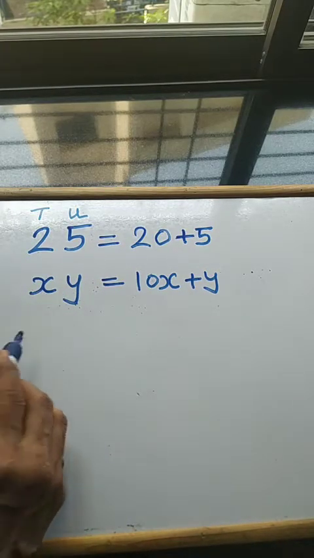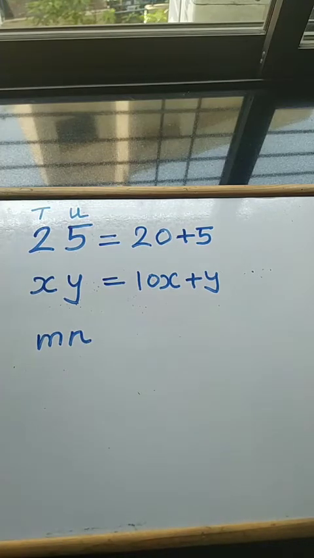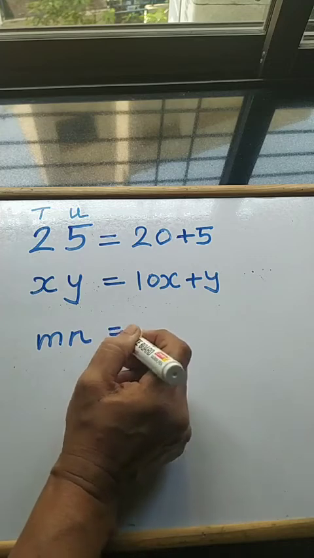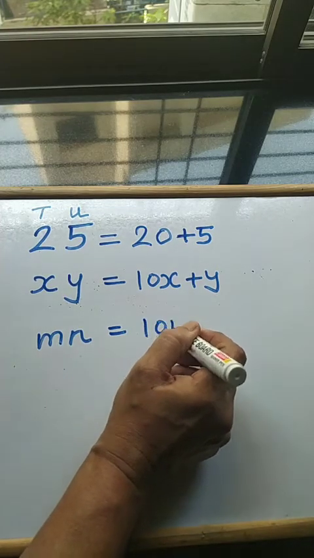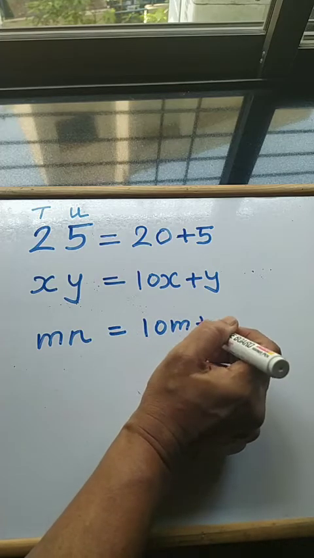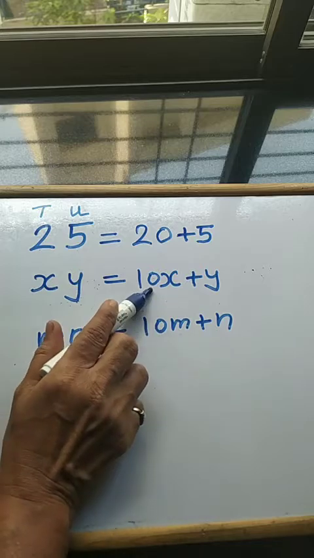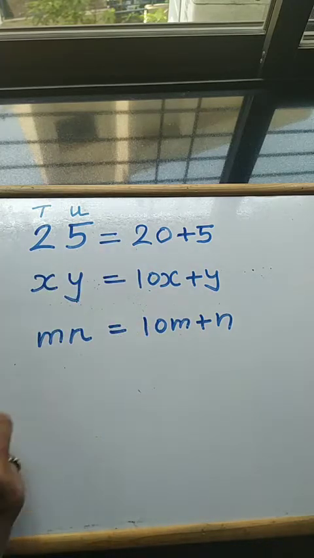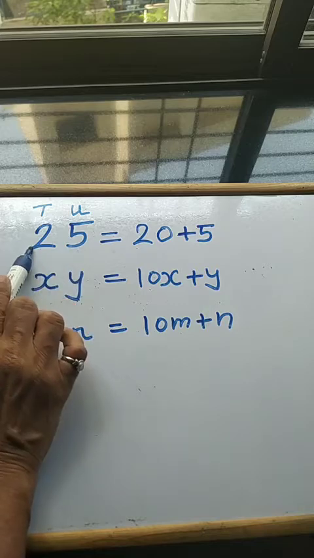If it was not xy and if it was mn, any other variable, it would mean m is in the tens place, so 10m plus n. So what we have written is the expanded form of the number. Well, you must remember the place of every number.